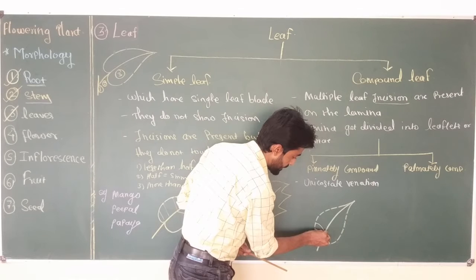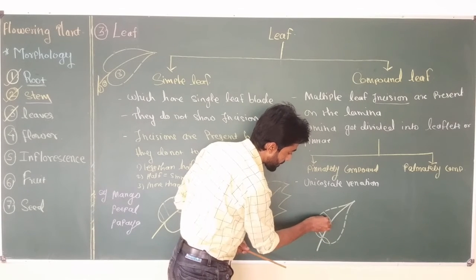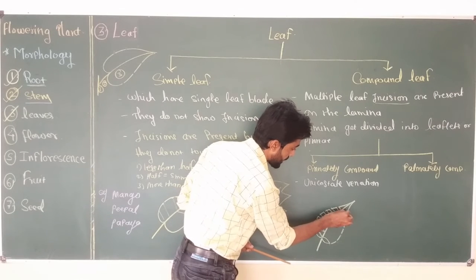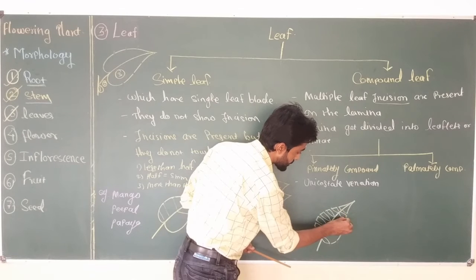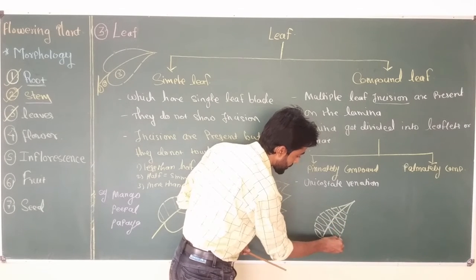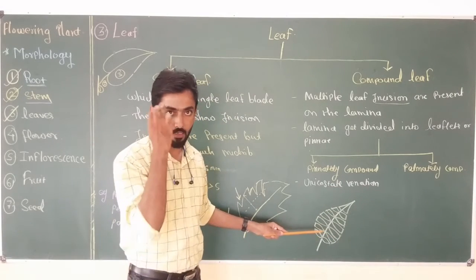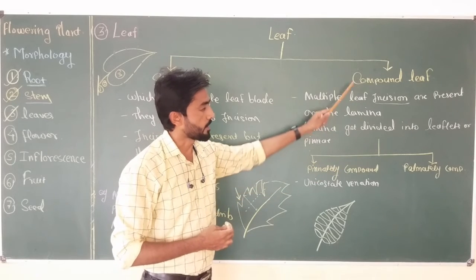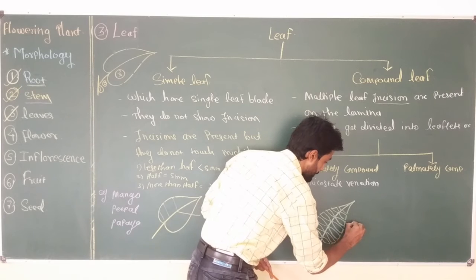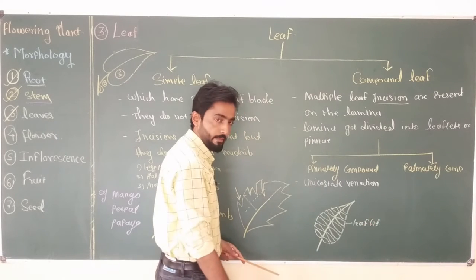So here you can see a structure like this. Lamina gets divided into a number of small segments, and they are leaflets or pinnae. In this type of leaf, it is called pinnately compound leaf. And this small segment is called a leaflet or pinnae.